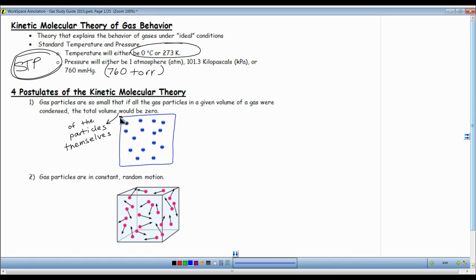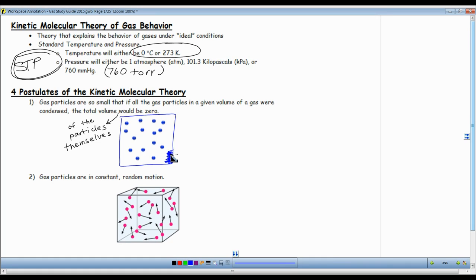If I took all of these gas particles and I condensed them, maybe they would just occupy a tiny little portion of the container. Maybe that would be all the particles once they're condensed and smushed together. Okay, well that's a little funky. I have one issue with this statement, and my issue is with the word 0.